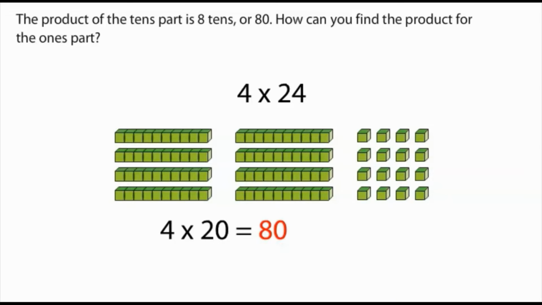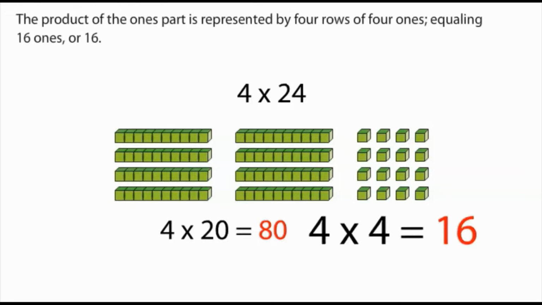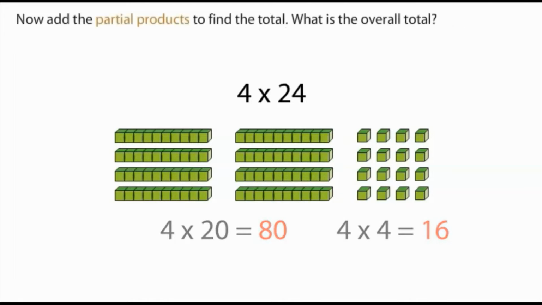How can you find the product for the ones part? The product of the ones part is represented by 4 rows of 4 ones, equaling 16 ones, or 16. Now add the partial products to find the total. What is the overall total?